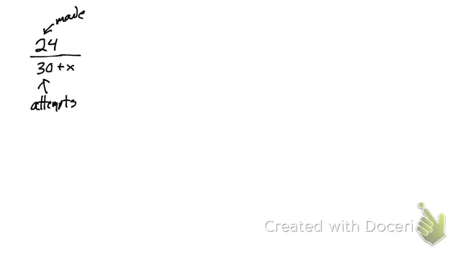But every time she shoots, she's going to make it, so this X also affects my made column. Both of these will go up at the same rate. Does that make sense why I'm adding X to both the numerator and the denominator? Are we all okay with that?